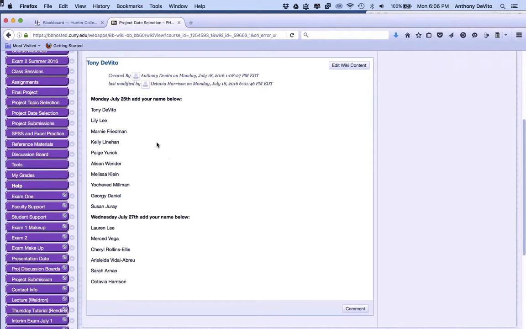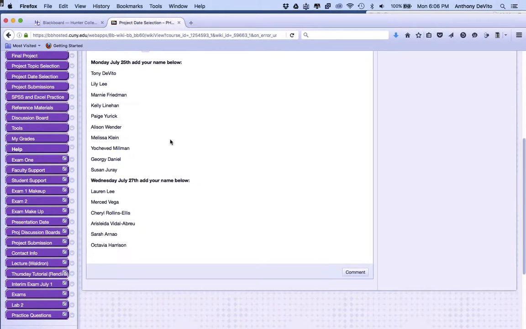So we have people signing up for Monday and Wednesday. There's no limit on it. It would be beautiful to get equal numbers on each night, but that's not necessary. If we get more people on Monday night, that's okay. If we keep it to 5 or 6 minutes per person, we'll have plenty of time. So I anticipate that everybody will be able to choose the night they want to present.